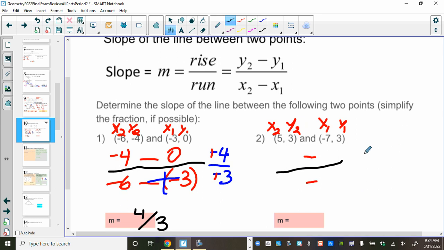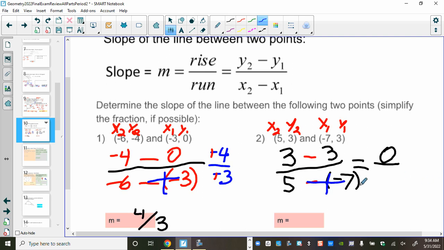This other one's going to be rather easy. Because what's 3 minus 3? 0. Now, what's really going on with this minus negative? So 5 minus negative 7 really becomes what? 5 plus 7.